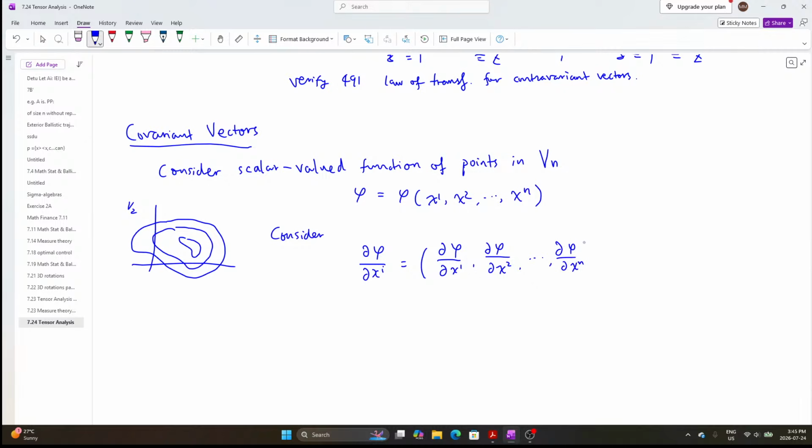It's an n-tuple, not a collection, because a collection means a set. Once again, you may for the moment consider x1 to xn as Cartesian coordinates. This way, this is the formula for the gradient.